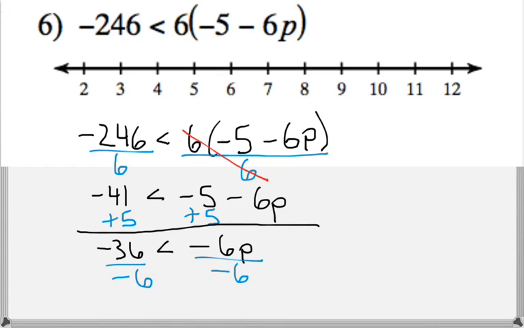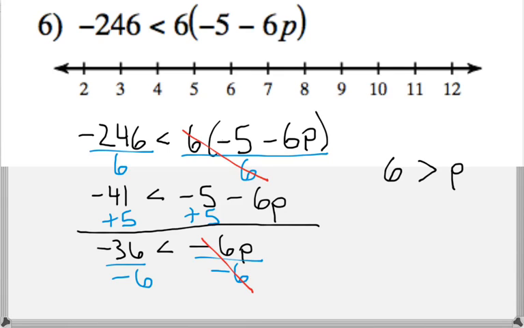In this case, we did divide by a negative number, so we would need to switch the direction of our inequality. I'm going to move over here to the side so we have more room. Negative 36 divided by negative 6 is going to give us a 6. Negative 6 divided by negative 6 gives us 1, leaving us with just a p over there on the right.